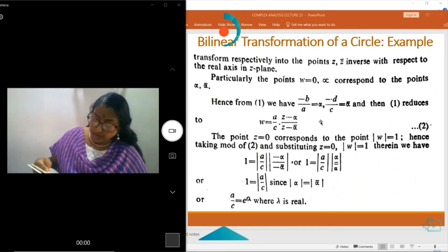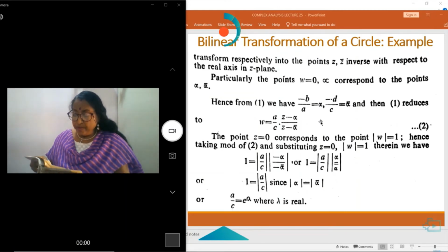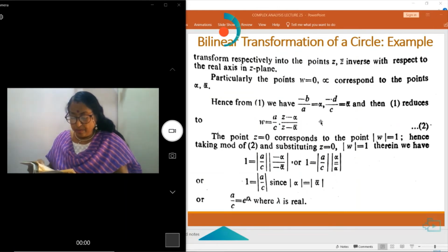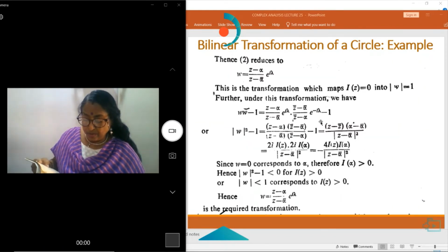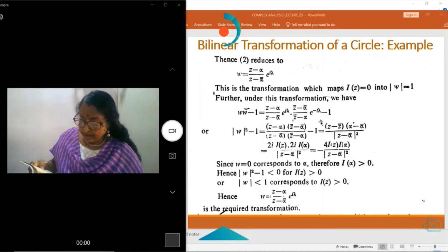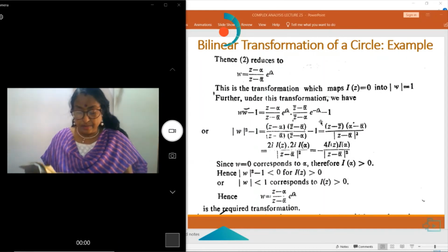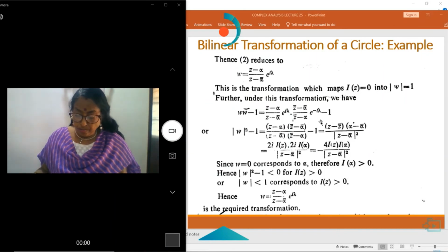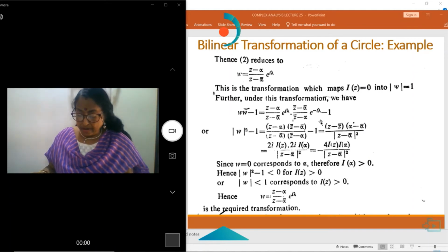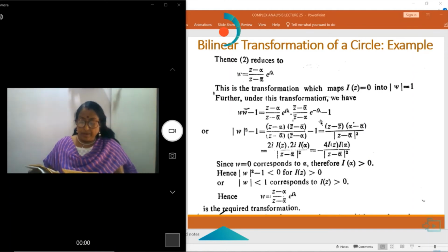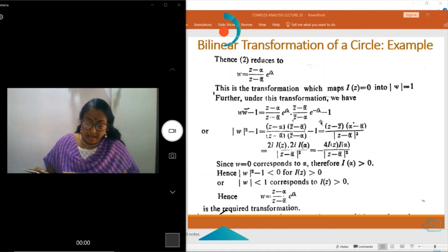When Iz is equal to 0 we get mod W equal to 1, that is the unit circle. Further, under the transformation we calculate the value of W times W bar minus 1, and substitute the value of W.